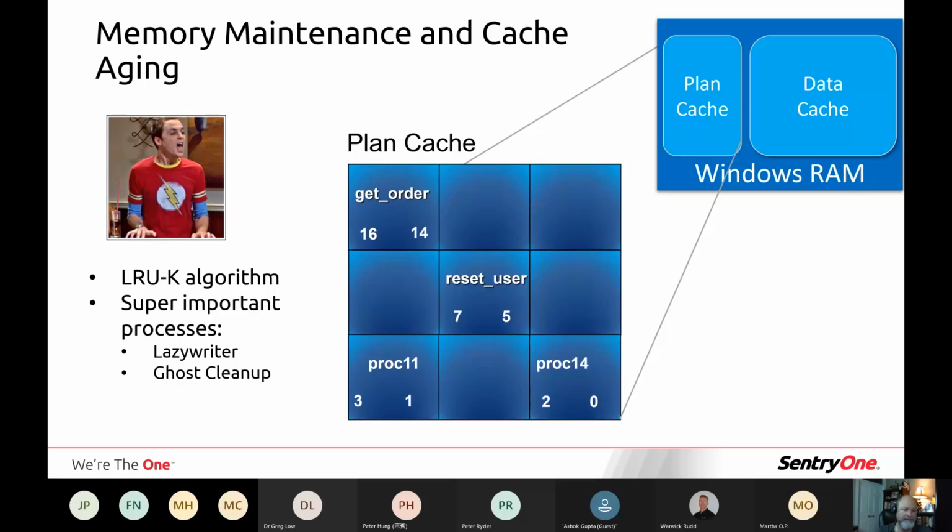And notice that some of these hit 0. Okay, well, what's going to happen now? So what happens in this case is, when I first learned about this, I thought that SQL Server, clearly it's going to evict that procedure from the cache, right?